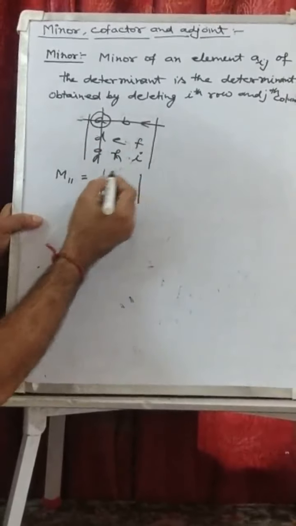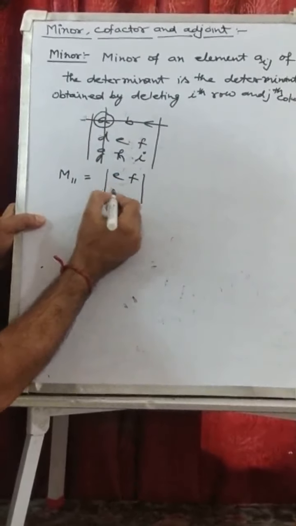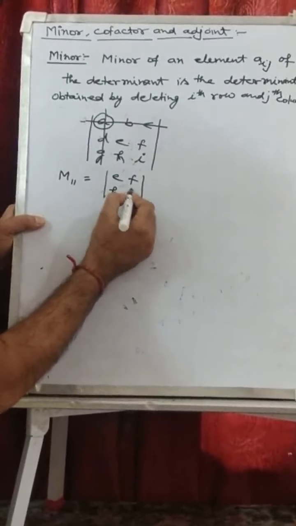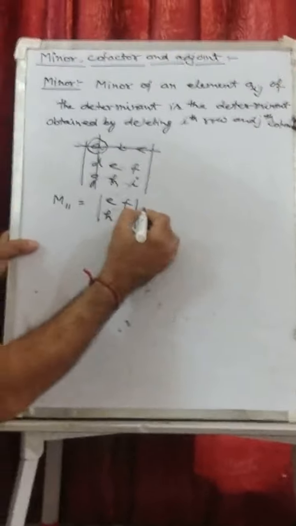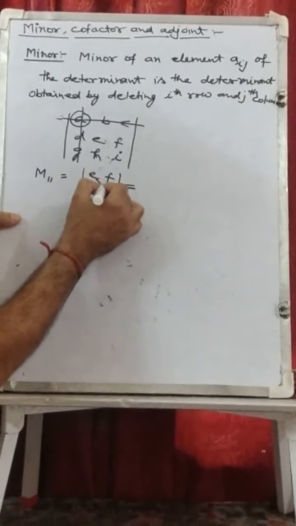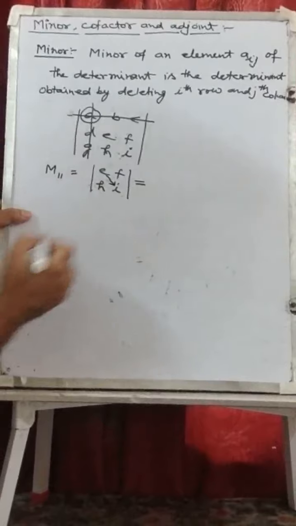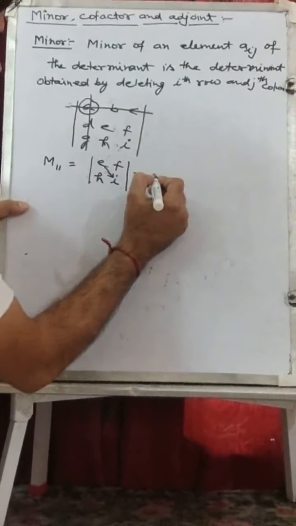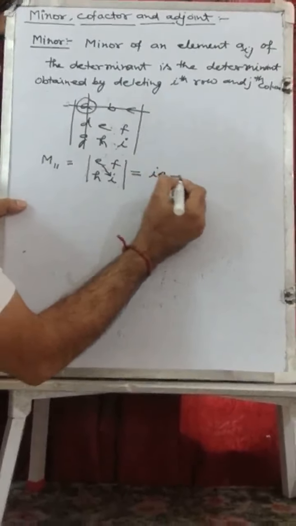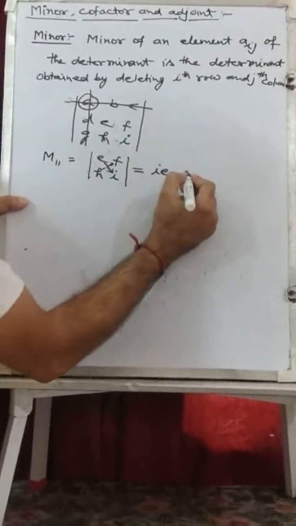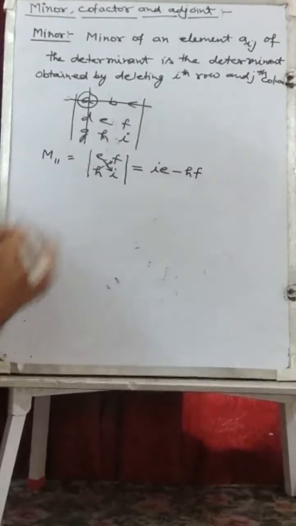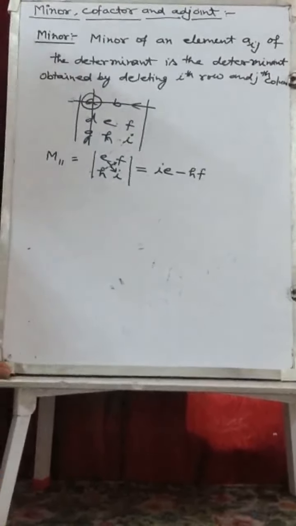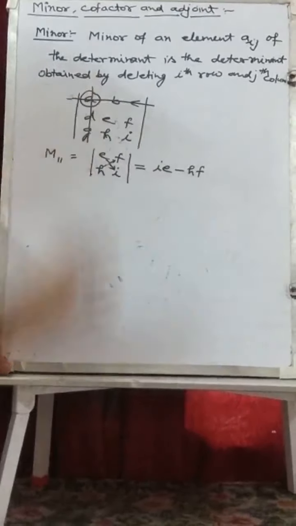What is left now? E, F, H and I. So its minor will be the determinant of this, means IE minus HF. This is the minor of the element A11.